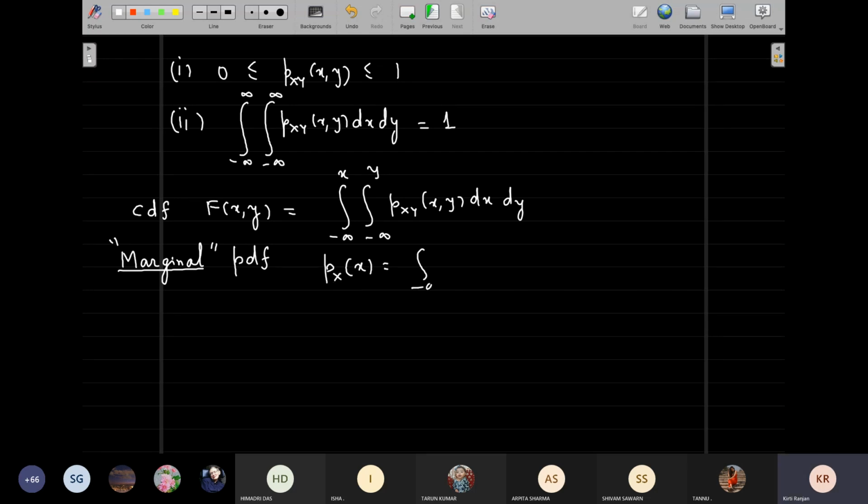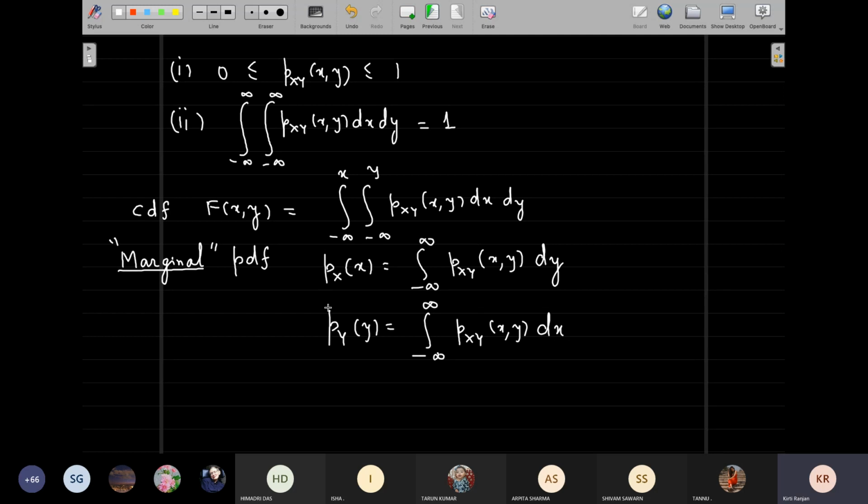This you get by taking the joint PDF Pxy(x, y) and integrating over all y's. And we can also build the marginal PDF of a given random variable y. This we can build by doing minus infinity to infinity Pxy(x, y), and of course now integrating over x.